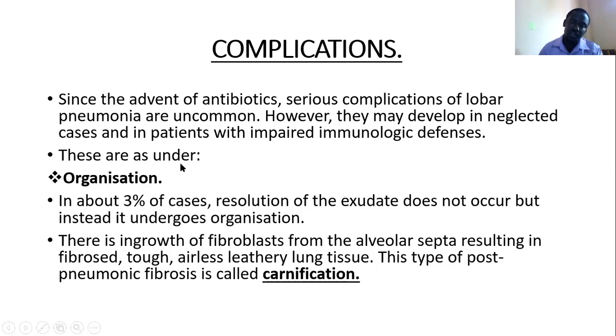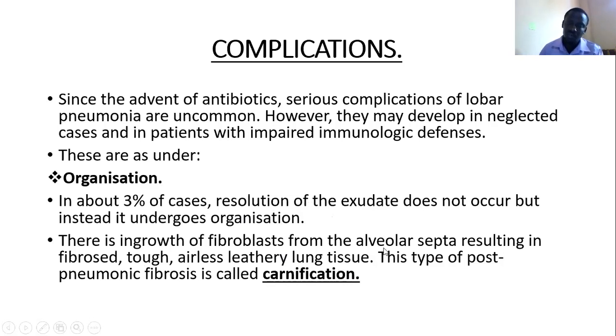Possible complications: we can have organization as a complication, or rather you can call it carnification. About 3% of cases. We are having the exudate. So instead of the exudate clearing, you might have ingrowth of fibroblasts from the alveolar septum, resulting in a fibrosed, tough, airless, leathery lung tissue.